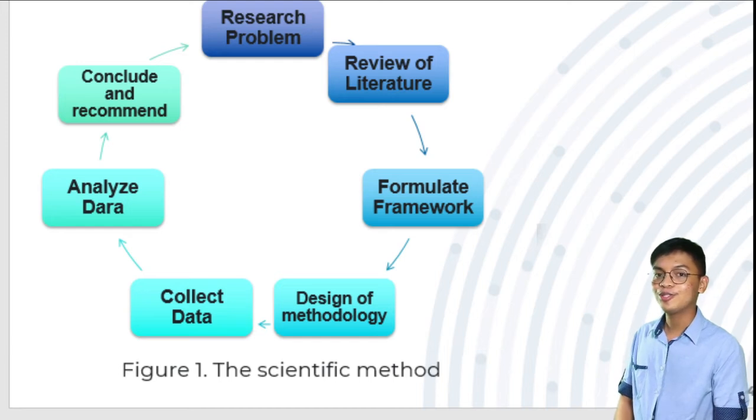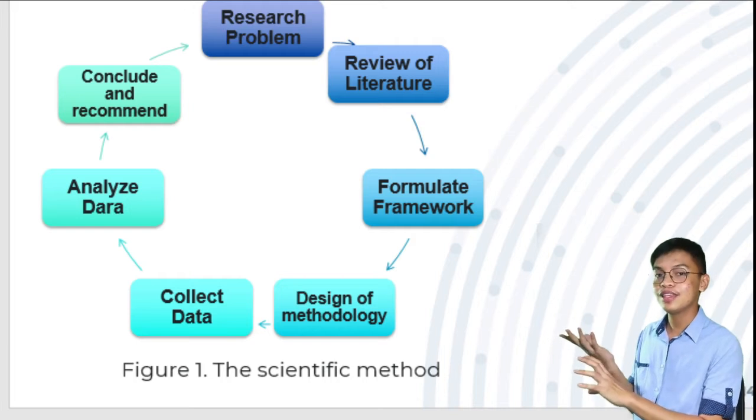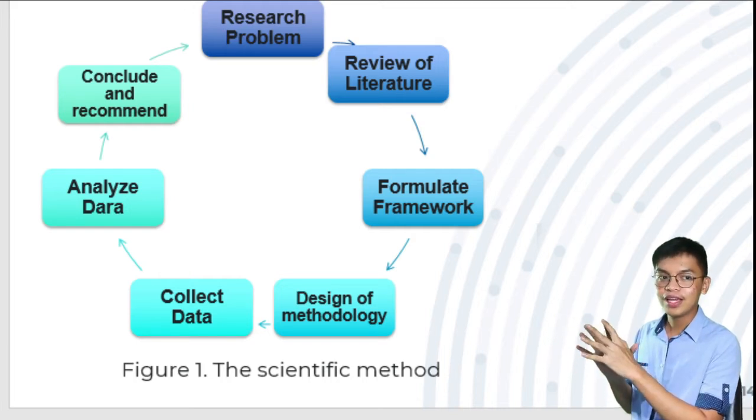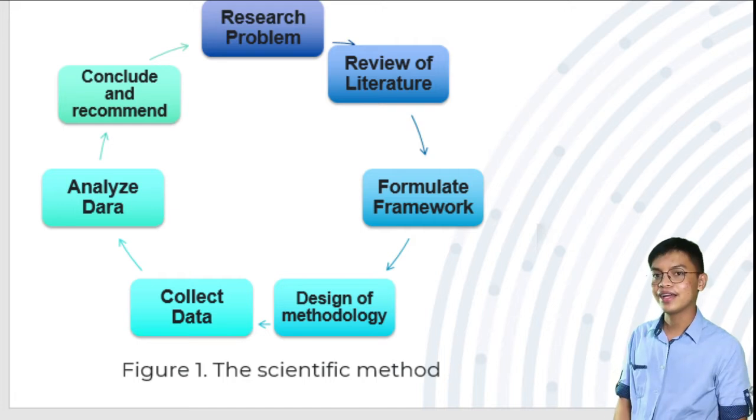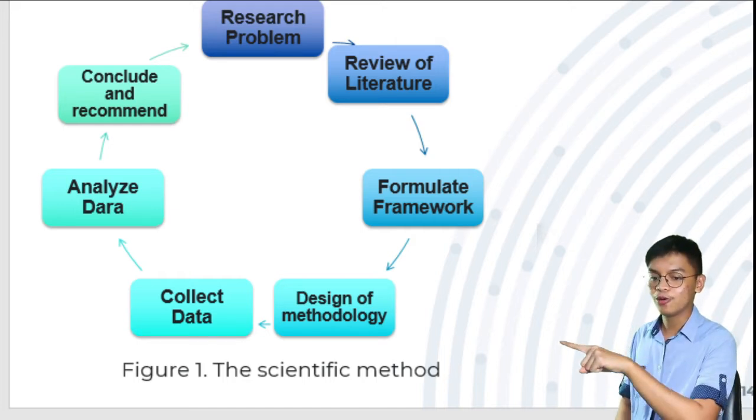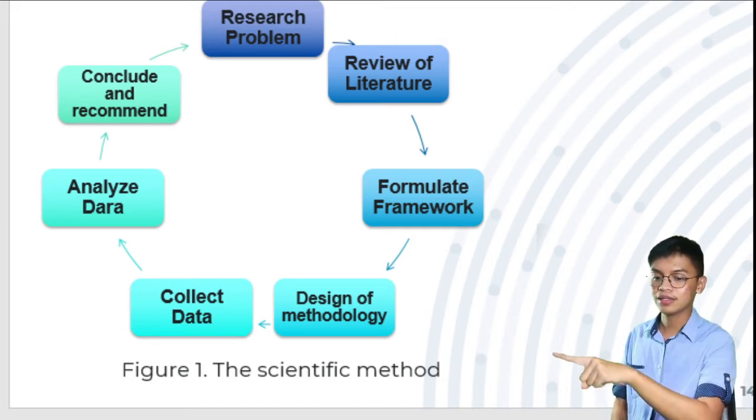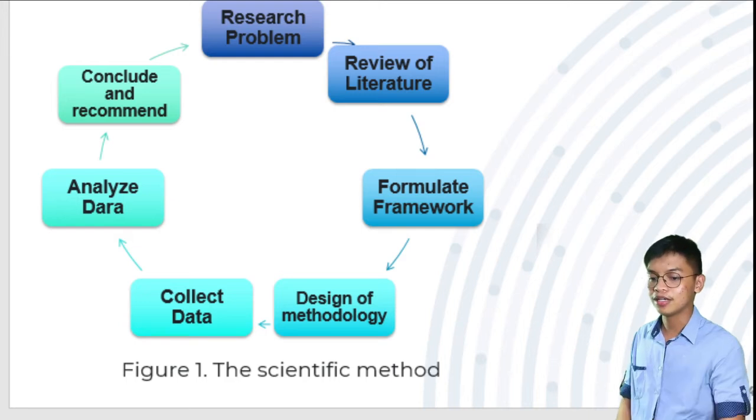From your conclusion and recommendation, you need also to mention the limitation of your study. From those limitations of your study, you can come up with another research, a new research. That's why the scientific method follows a cyclical process, just like the figure here.